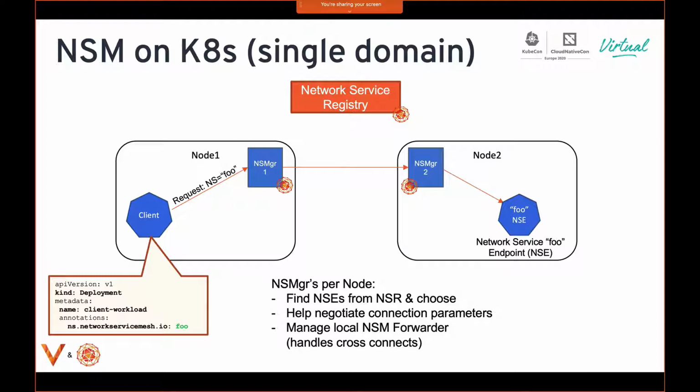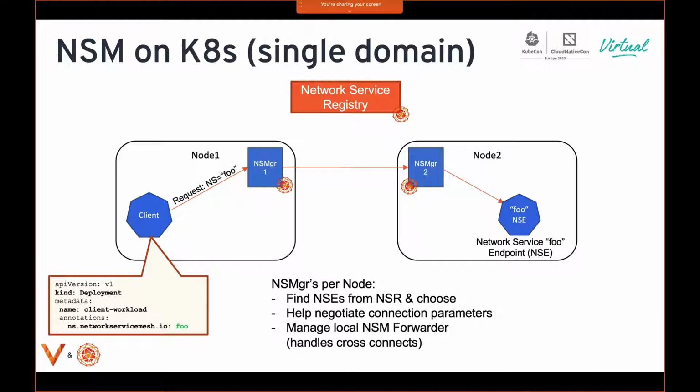The clients are saying what type of connection they would be able to handle, and the NS managers are indicating what kind of connections can go between the nodes, like a VXLAN tunnel, or the actual NS manager on the node to the NSE is also negotiating their side of the connection. So there's a lot of connection parameter exchange in this flow, and that provides a lot of power.